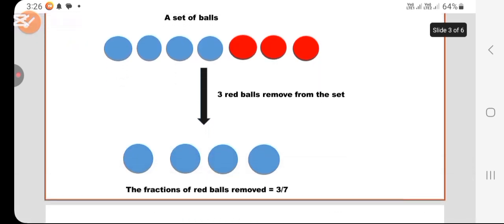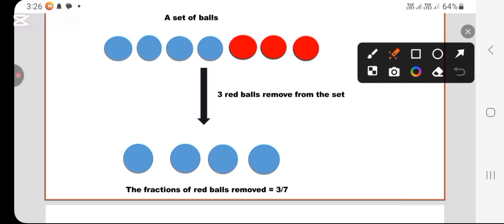The 3 red balls were removed, leaving 4 light blue balls. Then, what is the fraction of the 3 red balls removed? The fraction of the 3 red balls removed is 3/7. 3/7 is the fraction of the red balls removed from the set of balls.